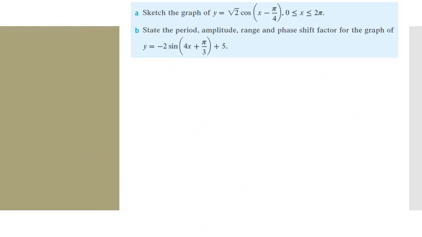Part B. State the period and amplitude, range and phase shift for the graph of y equals to that. Now, to do this, we need to rearrange it a little. Just a little, not very much. What's the only thing that we can't really find yet? Hence, it's not the period.